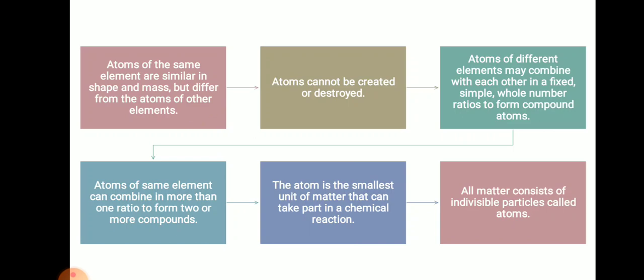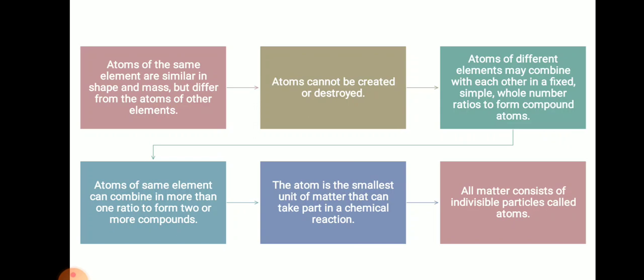Next, once again, this statement: atoms of different elements may combine with each other in fixed, simple whole number ratios to form compounds. And next, the contradiction here is isobars.